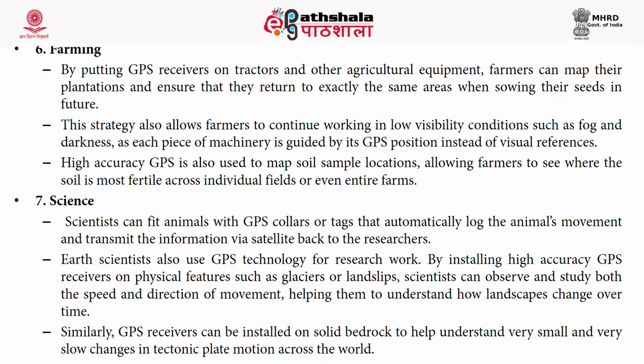The scientists can observe and study both the speed and direction of movement, helping them to understand how the changes are occurring in the landscape over time. Similarly, GPS receivers can also be installed on solid bedrock to help understand the changes that are occurring in tectonic plate motions across the world.